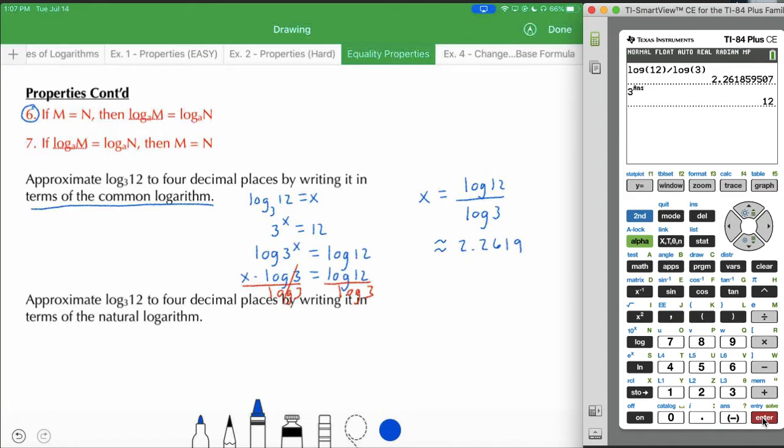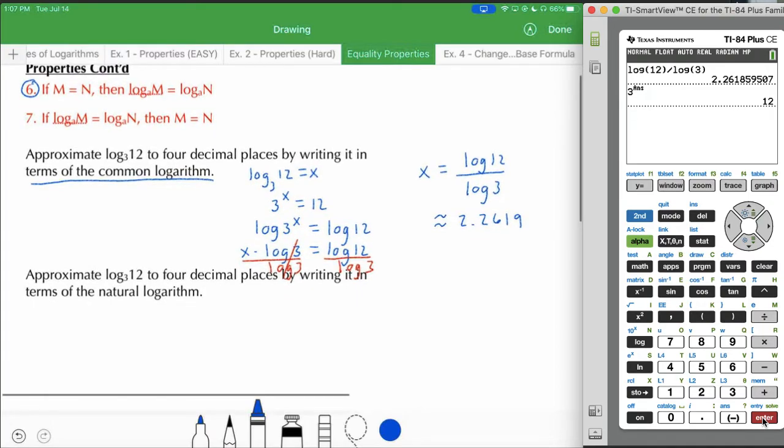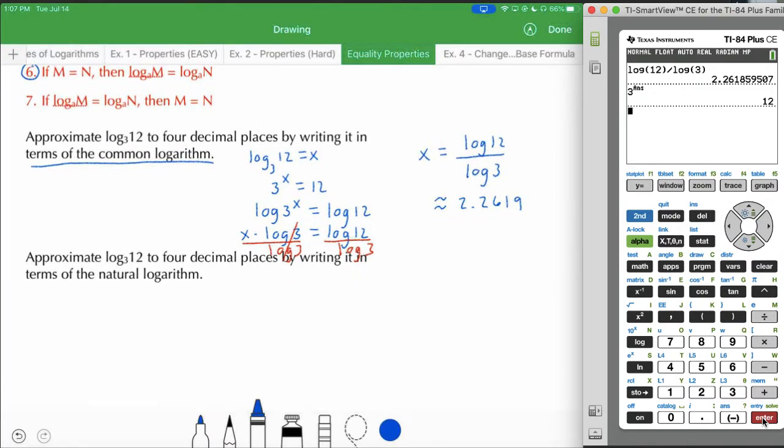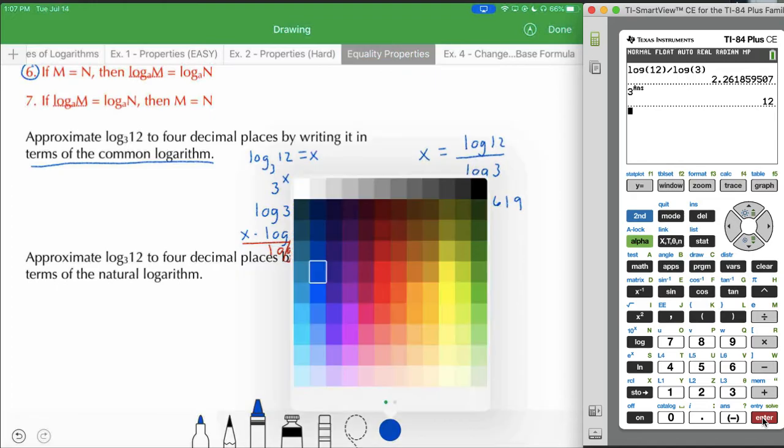Okay. Now let's try to make the same approximation writing in terms of the natural logarithm. Okay. So we're basically doing the same process. We're just using the natural log instead of the common log. Okay.